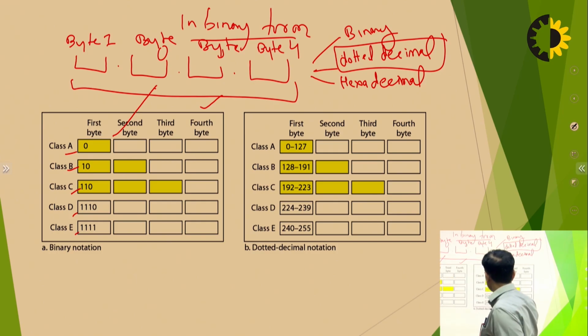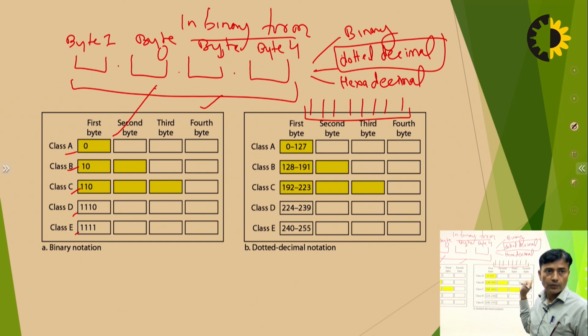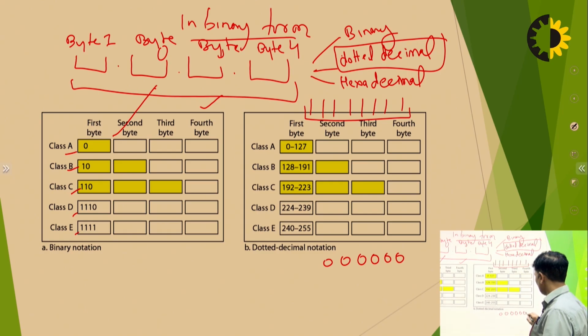Like, suppose we have 1 1 1 1 1 1 1 1, all 8 as 1. Okay, is it visible? Suppose this first byte contains all 8 as 1. Similarly, suppose the second byte contains all 0s.